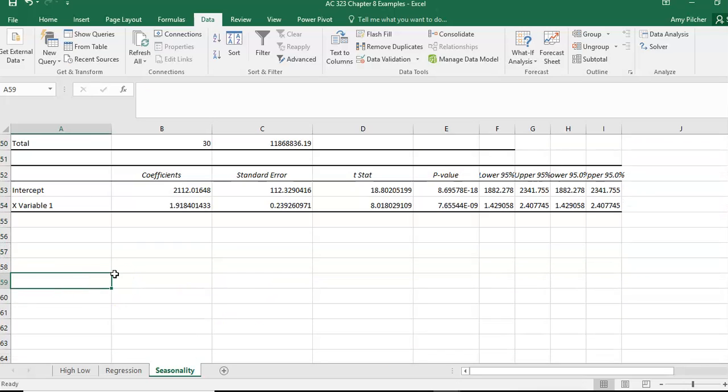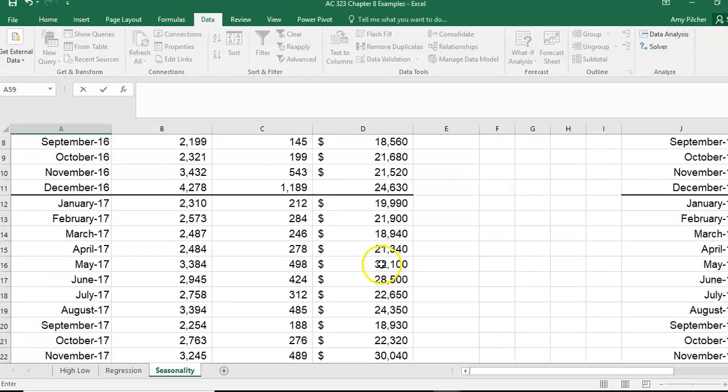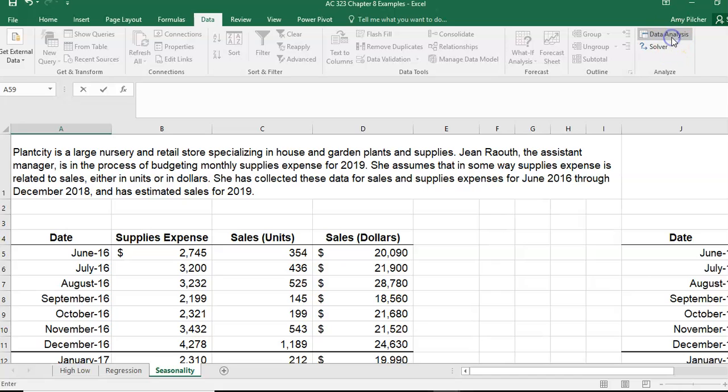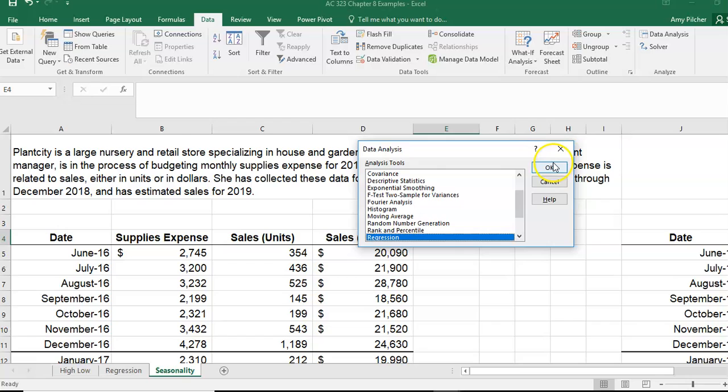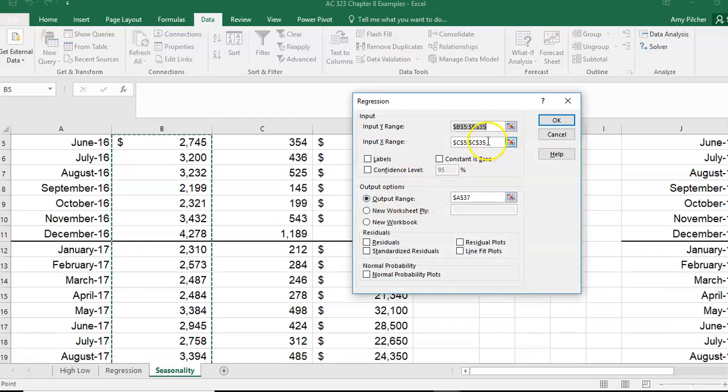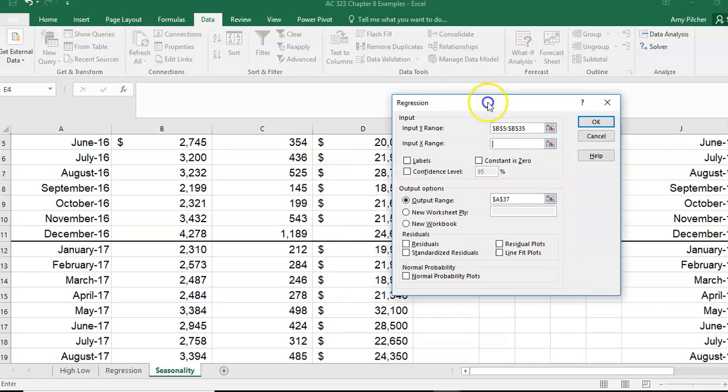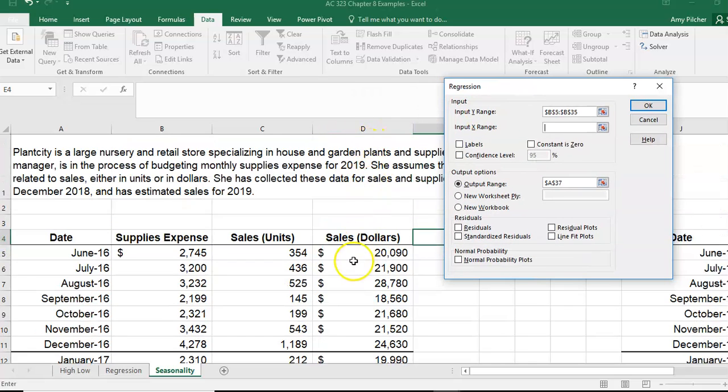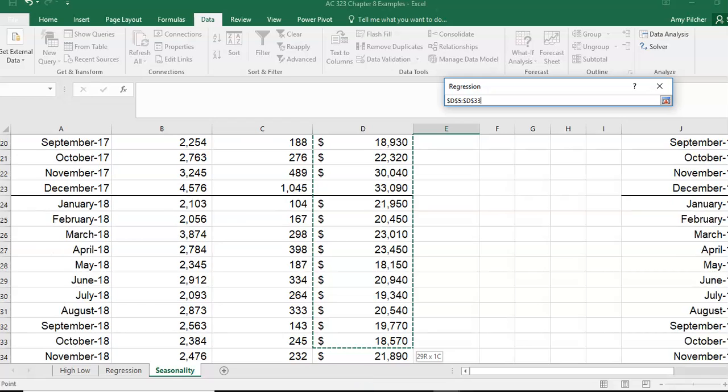Then we'll look at a regression analysis with sales dollars as our X, and see if that is a better indicator than sales units.